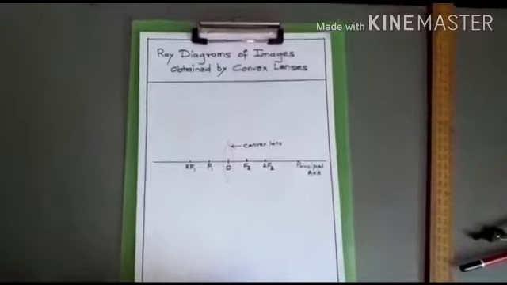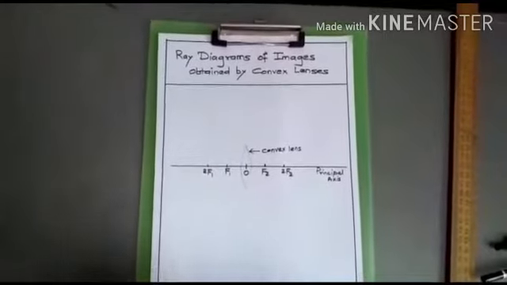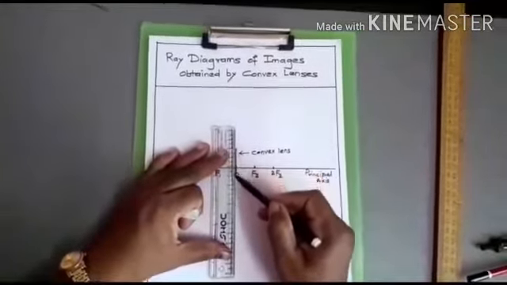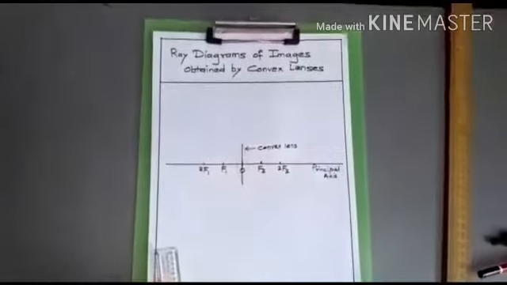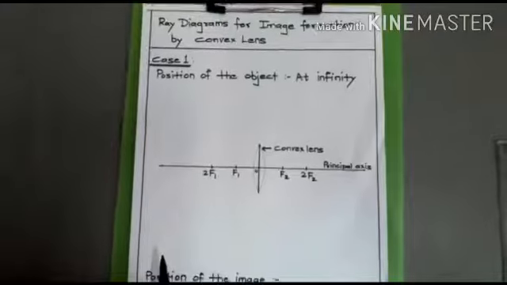Make sure that the lens is thin. Don't draw a thick lens. These important basic steps are necessary for every ray diagram by convex lenses.